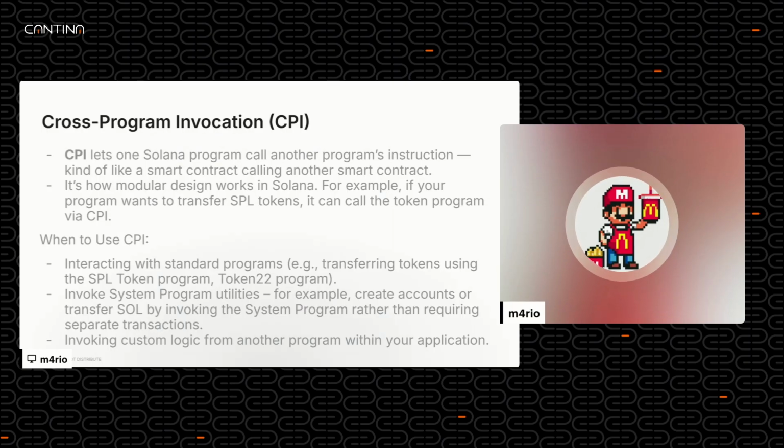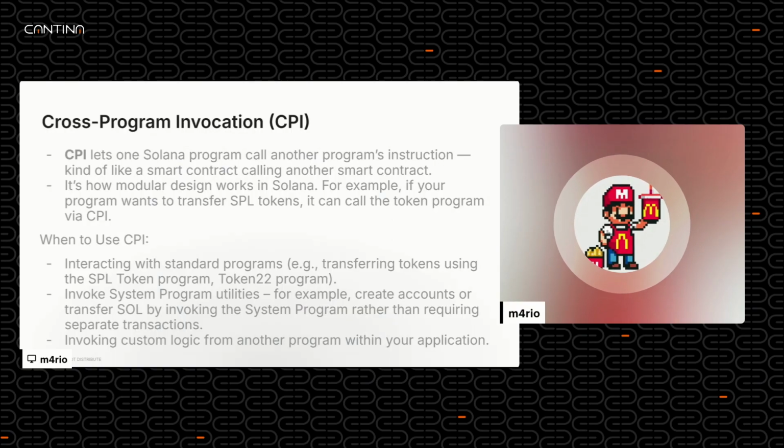You write a program that does something, and you have another program that does another thing, and then you can interact between them using CPI. When do you want to use CPI? Well, you use it when you interact with standard programs, like SPL tokens, Token-2022 programs, because those have their own written programs, so you have to interact with them using CPI.